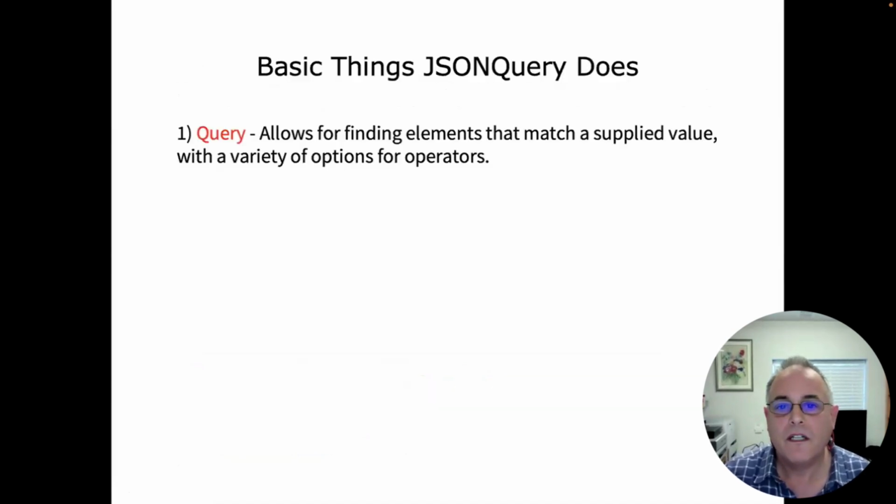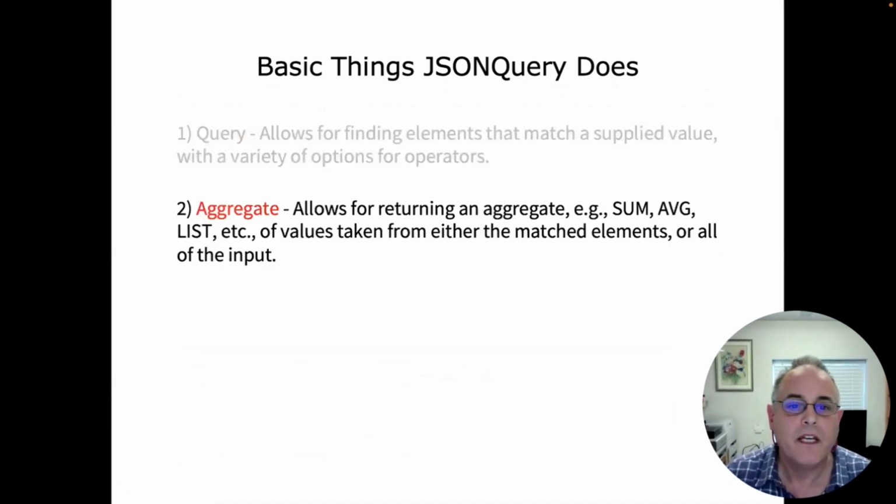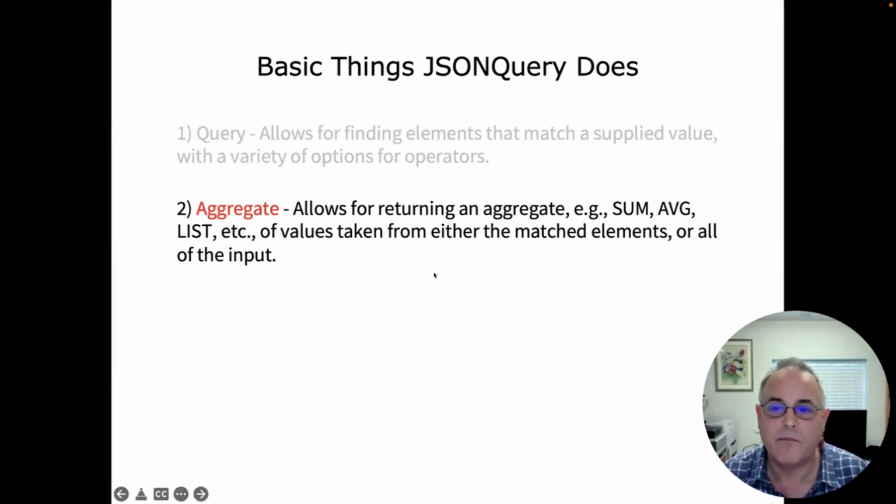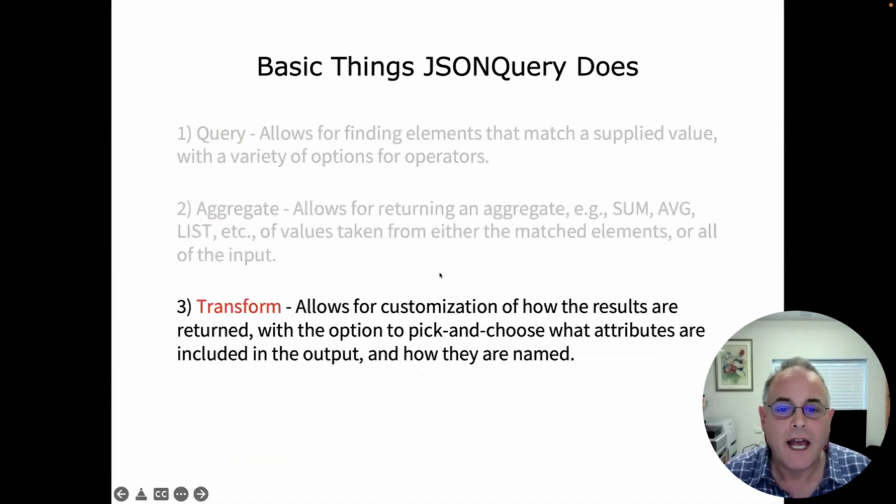Okay, so it does 3 things effectively. It lets you query. It does aggregating, so you can do summing, averaging, etc. of values, and it can be either everything or just what matches your query parameters. And transformations. So you can start with one kind of JSON, slice and dice it, and come out with something else.